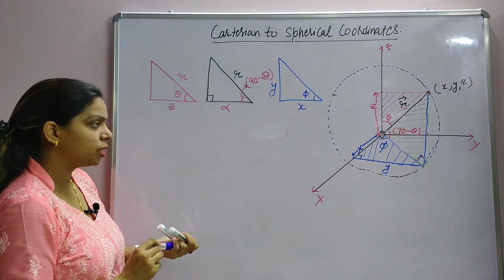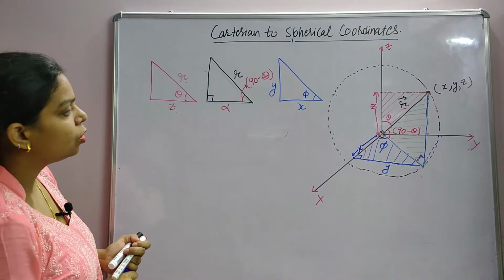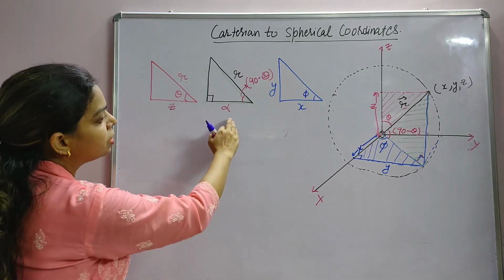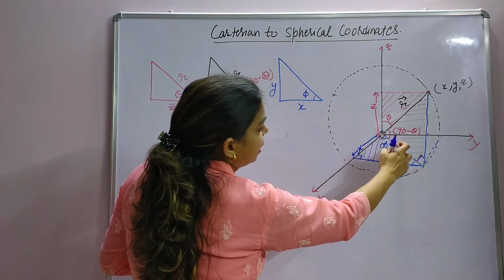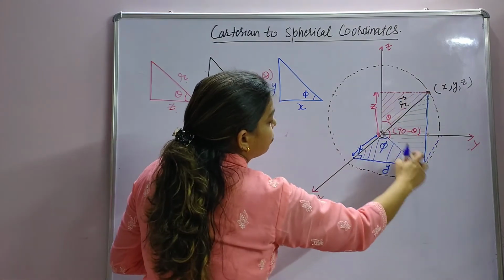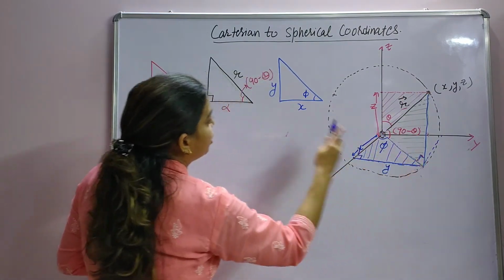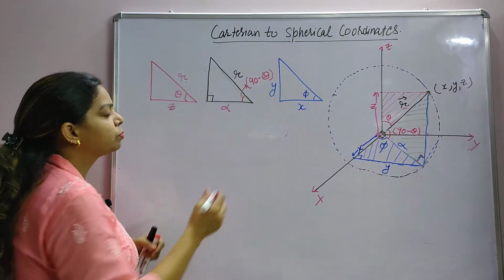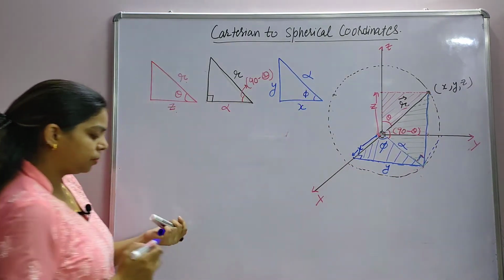The base of this triangle becomes the hypotenuse for this triangle, which is alpha.